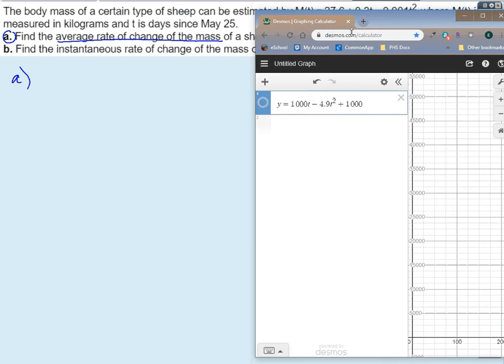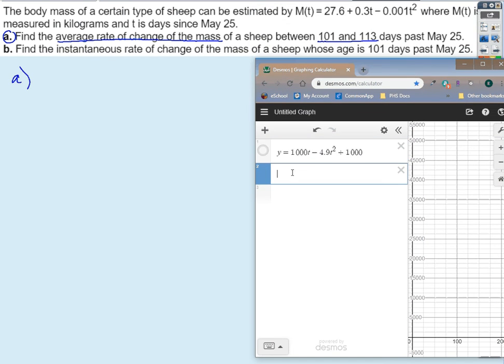Okay, so here's our, let's make a new function, M of t equals... I'm going to have to probably change my window, but that's okay.